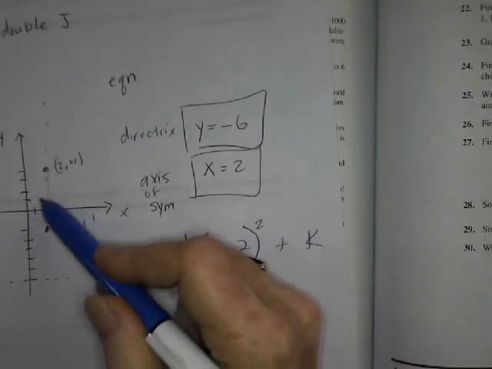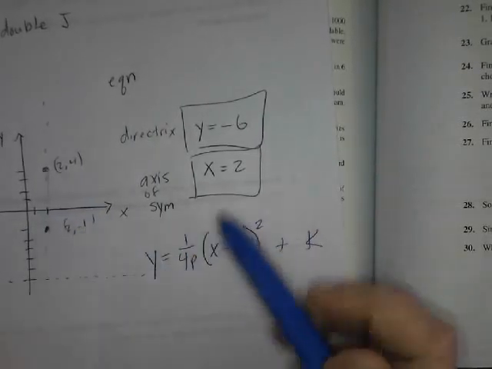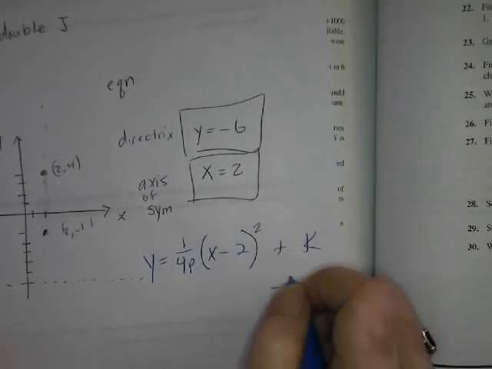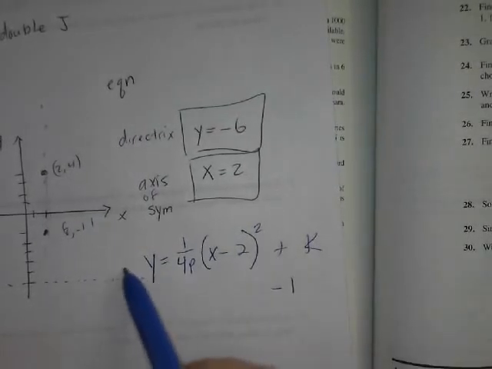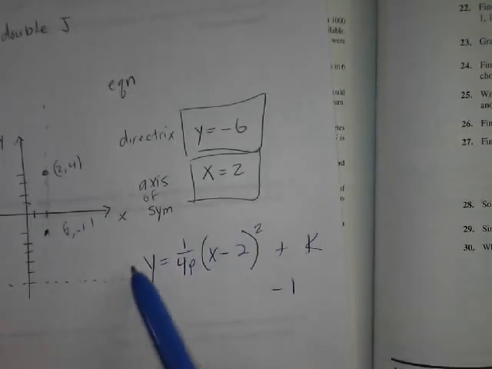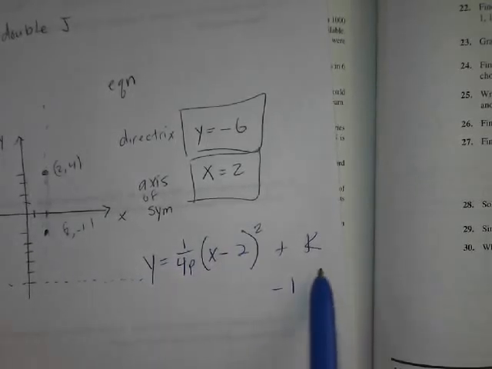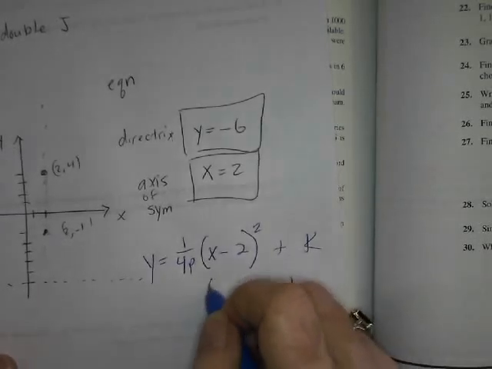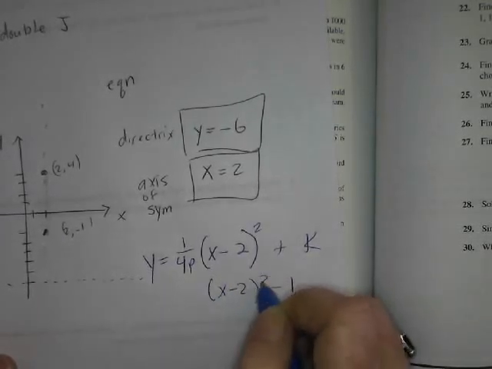Good. And it got sent down 1, so that'll just be -1 like that. Or it could be y plus 1 over here, but I'm bringing it over here. Okay, so this is (x minus 2) all squared.